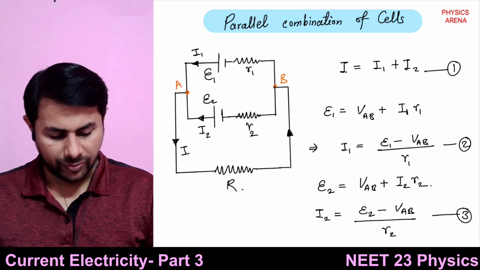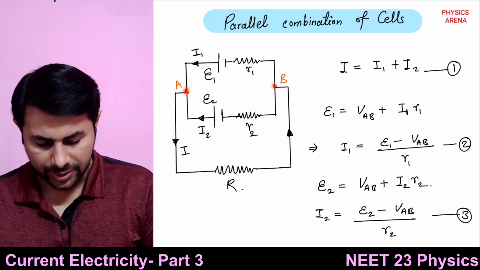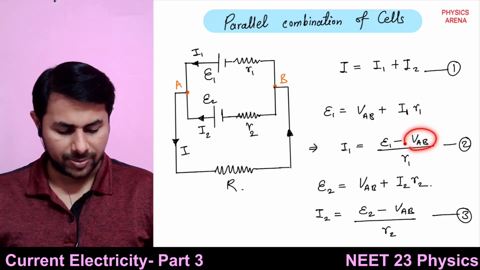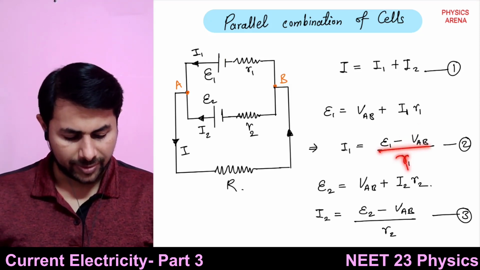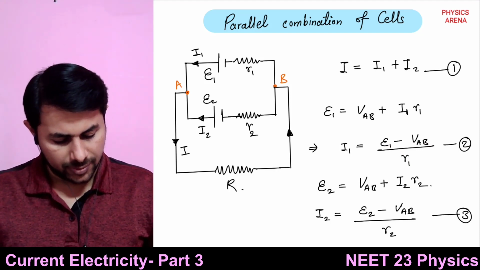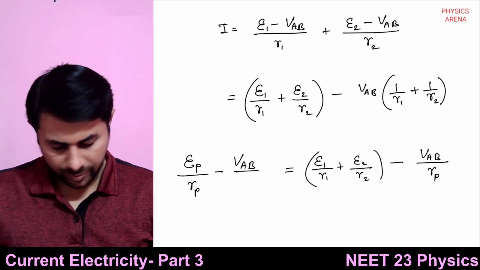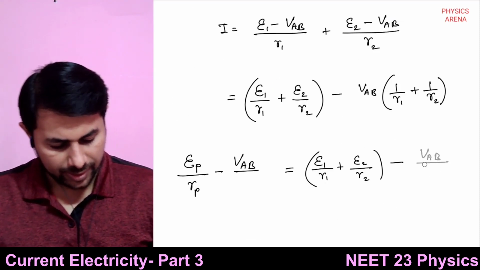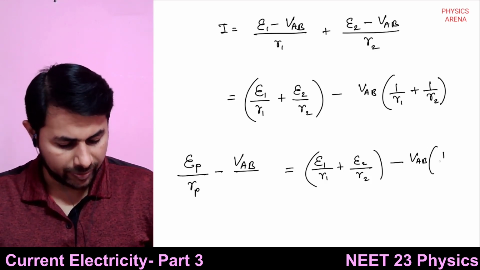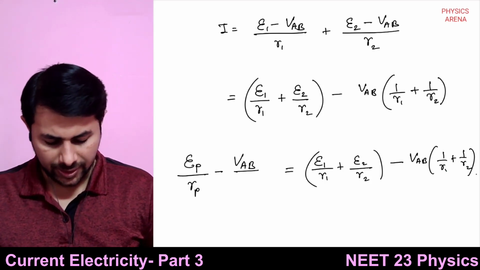Just like we wrote I1 is equal to the EMF minus the potential difference VAB divided by R1, I will keep this term VAB multiplied by 1 upon R1 plus 1 upon R2 as it is.